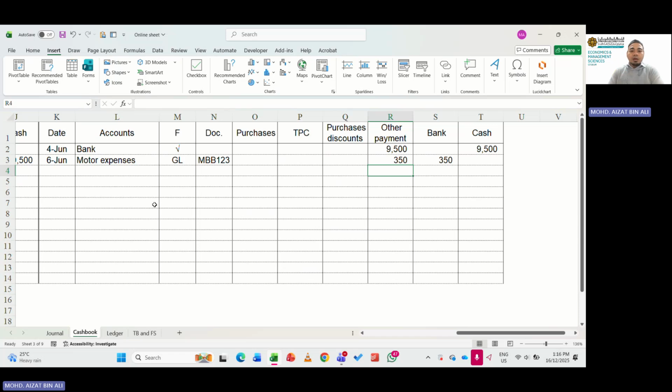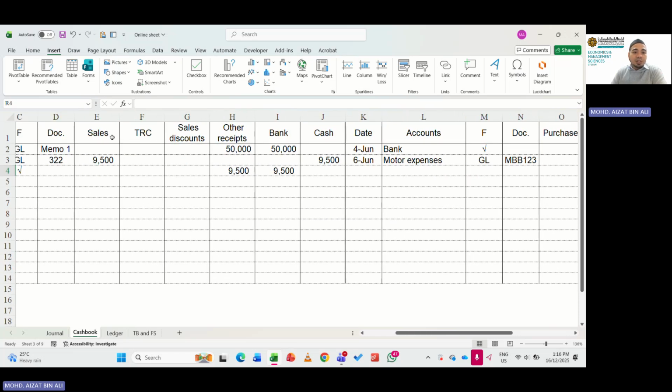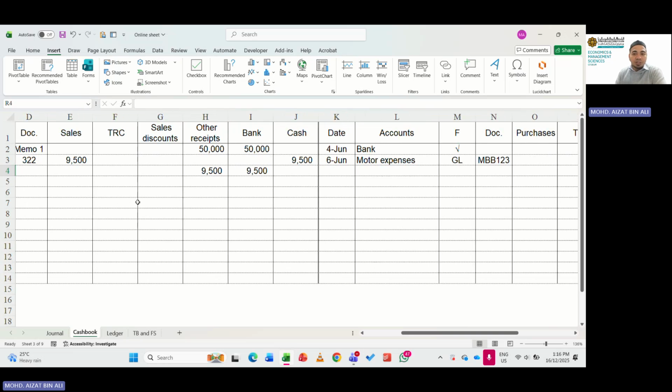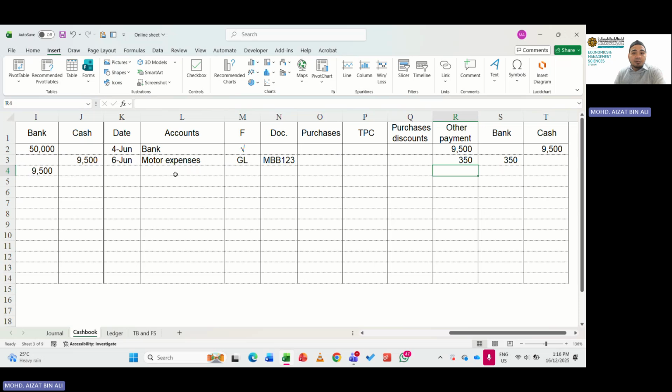Now for purchases, TPC, purchases discount, these three accounts on the credit side, and also TRC, sales, and sales discount, these three accounts on the debit side, a total of 6 accounts, we only post them to the ledger at the end of the period, meaning on 30th June. But other expenses or other receipts from any other sources will be updated simultaneously.